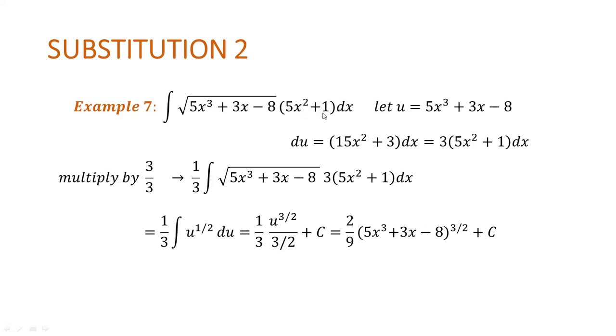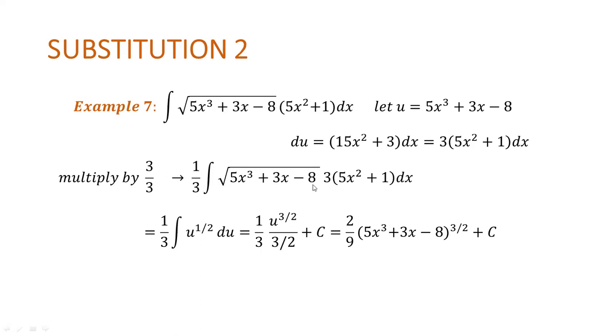So you have to think of the number that you will multiply to 5x squared plus 1 to make it 15x squared plus 3. And that number will be 3. So what you will do based on rule number 2 is you multiply the original given integrand by 3 over 3. You use this 3 to pair with the original 5x squared plus 1 here to complete the derivative of your u. The remaining 1/3 is placed before your integral sign.